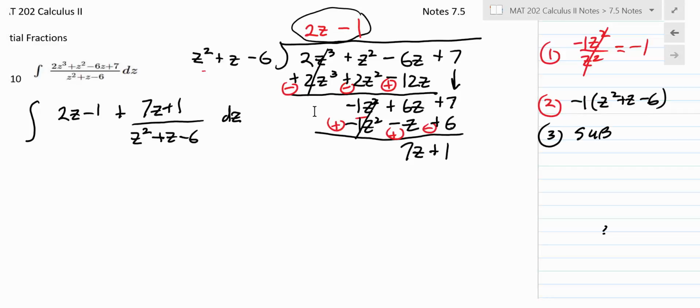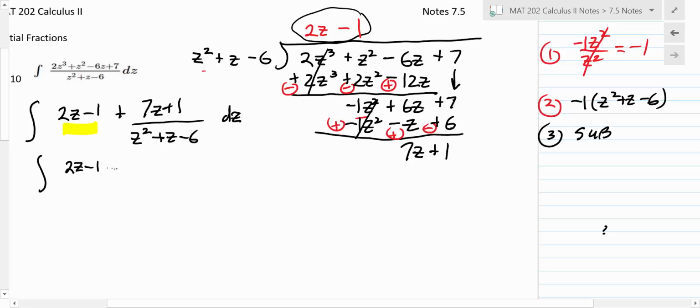Now let's think about this a little bit. We're obviously in the section on partial fractions, so I think this has something to do with that. You would be able to integrate that with ease, right? 2z to the second over 2 minus z. That's a super easy integral. But this one looks like a partial fractions situation. So let's split it up into two integrals.